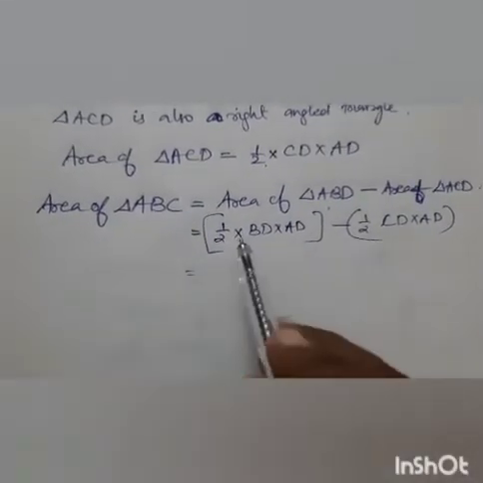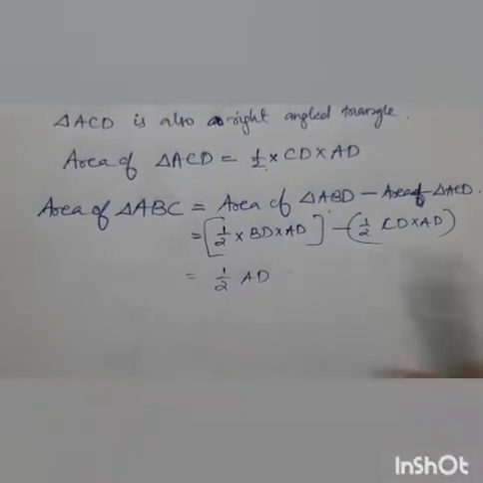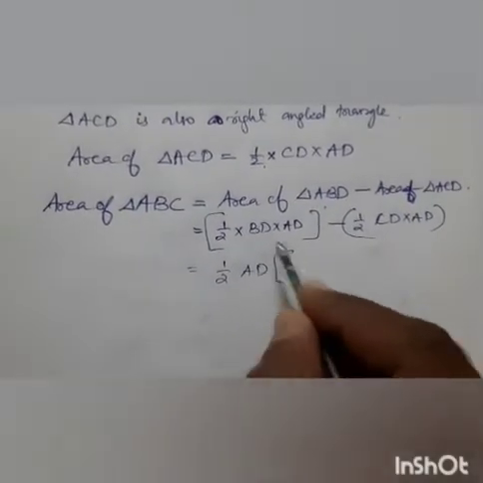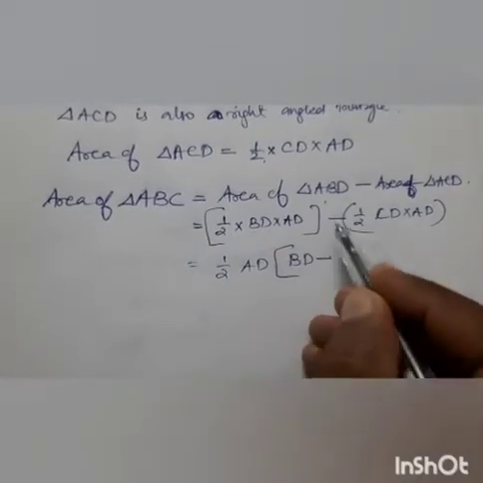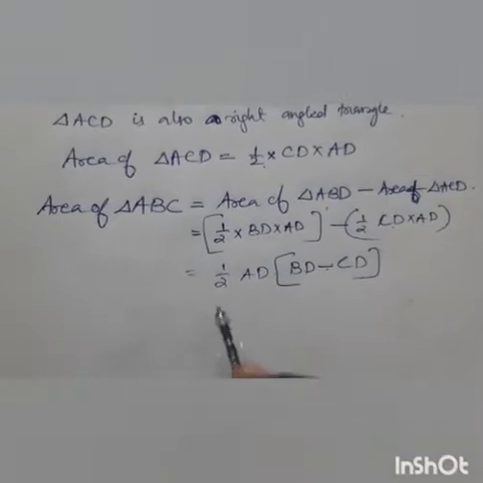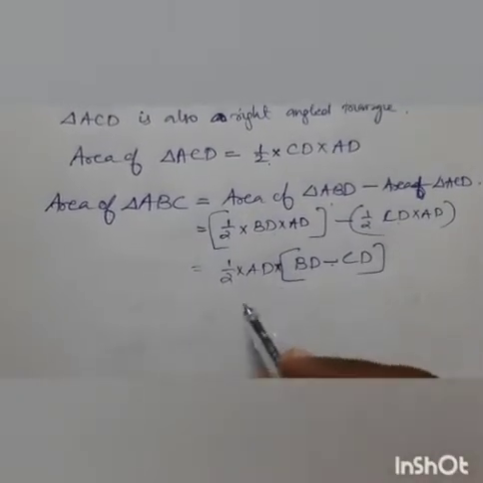In this, half into AD is common. So half into AD into, the remaining is BD minus the remaining CD. So half into AD into BD minus CD.